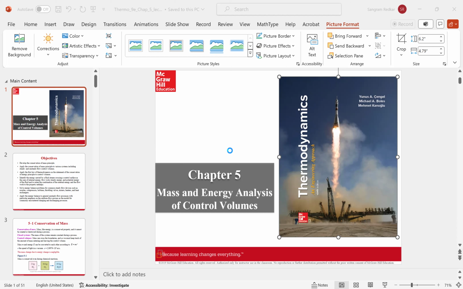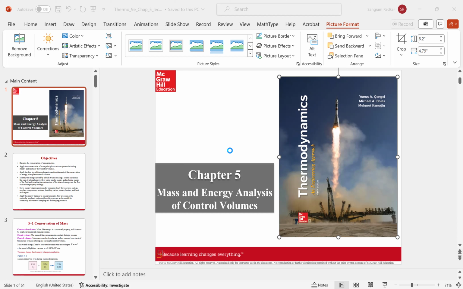Never ever forget this: Q is equal to W plus delta U. Q is the heat, W is the work, and delta U is the change in the internal energy. The first law of thermodynamics for steady flow systems is Q is equal to W plus delta E, and that's what is shown over here.